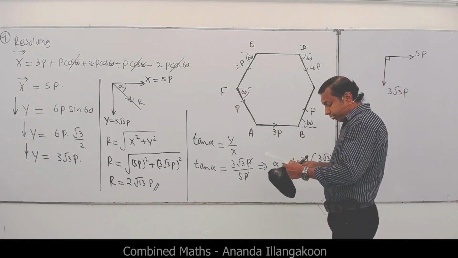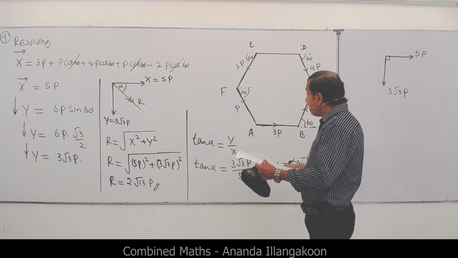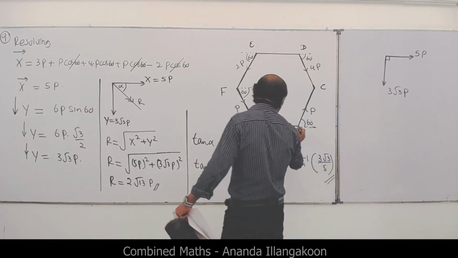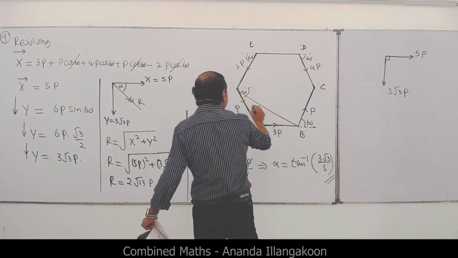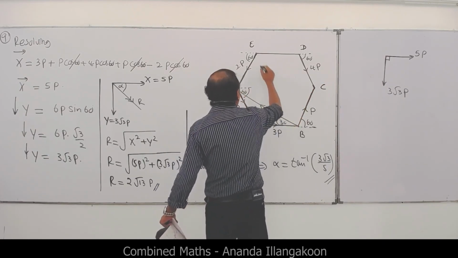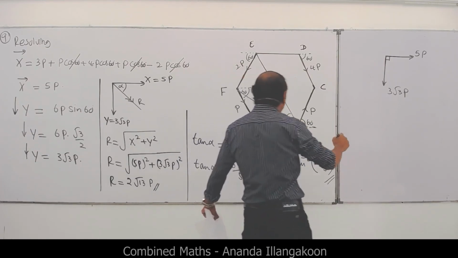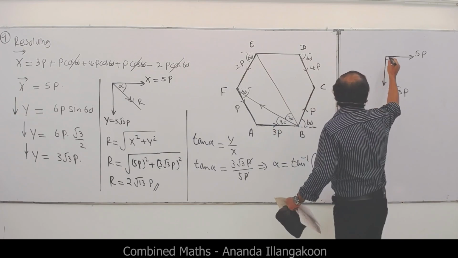Now we are given only this: BF, right here. This force is given, and I am going to mark it. This angle is 30, right? The other one is BE. This angle is also 30 with the horizontal, right?